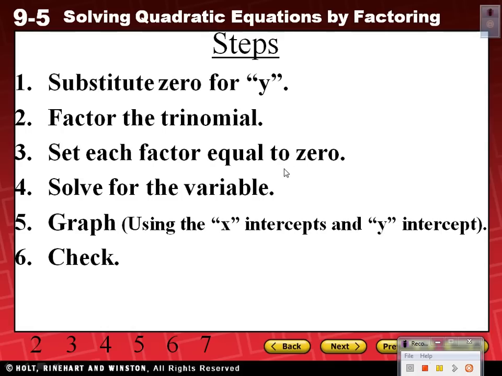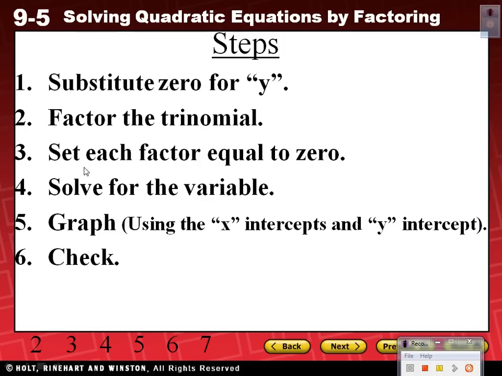Step 4, solve for the variable. Step 5, graph. In parentheses, write using the x-intercepts and the y-intercept. And number 6, check.